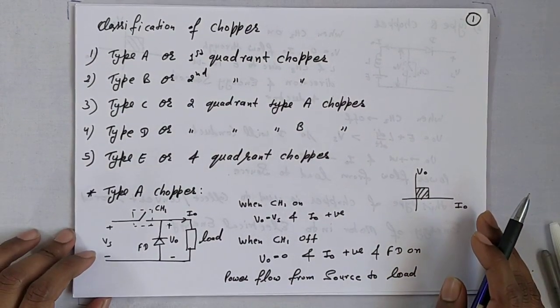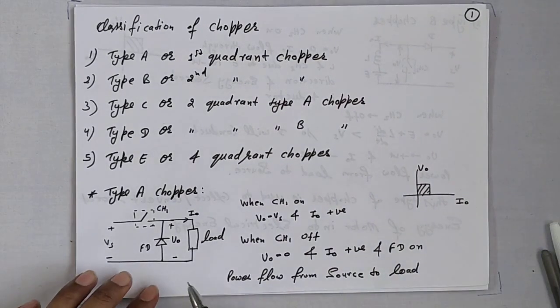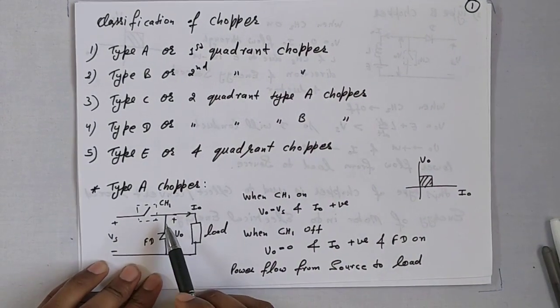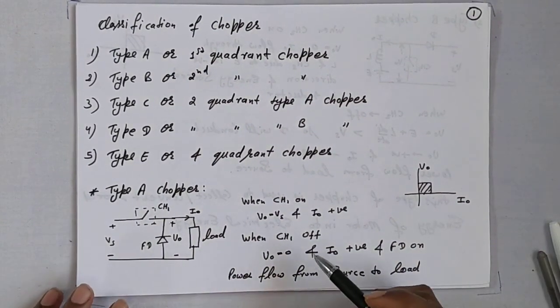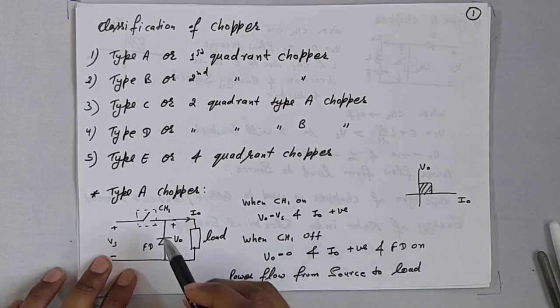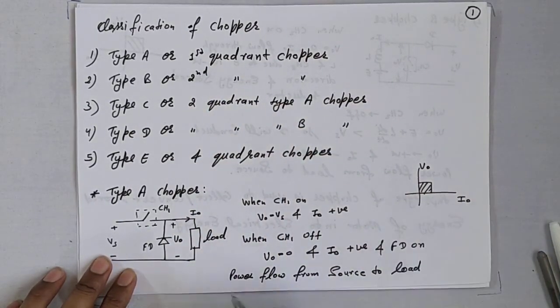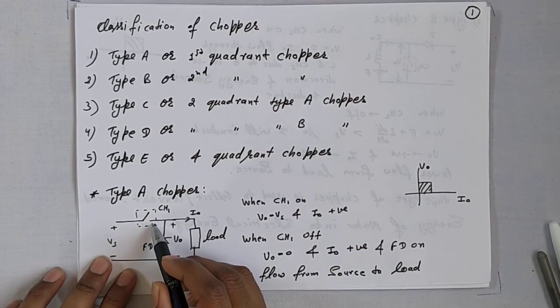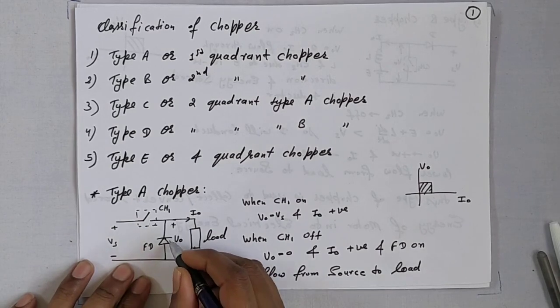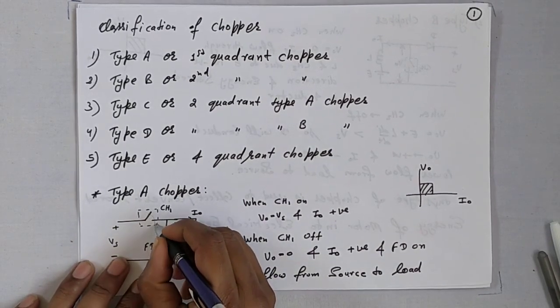Let's start with type A chopper. This is the circuit diagram of type A chopper, also called first quadrant chopper. When CH1 is on, this diode is reverse biased.